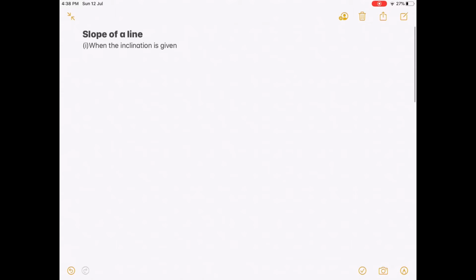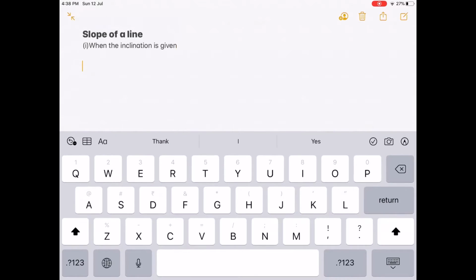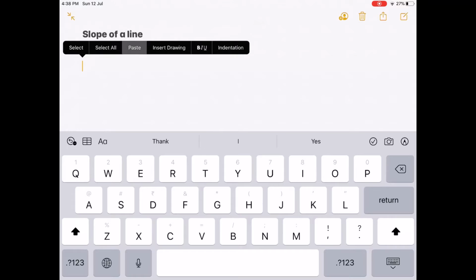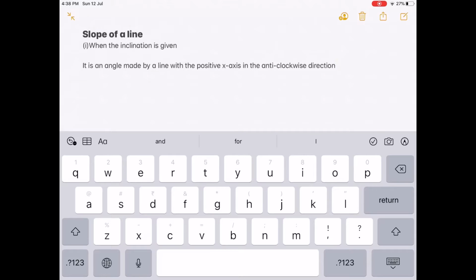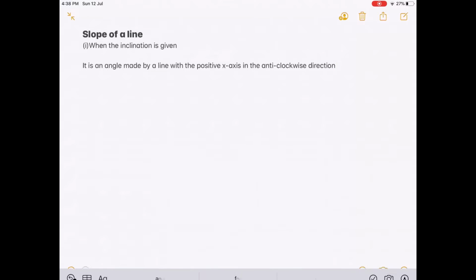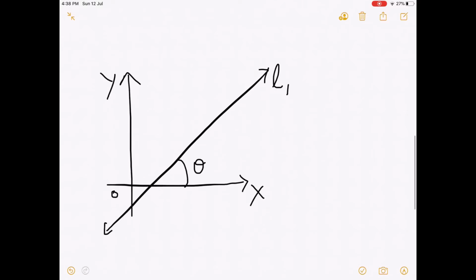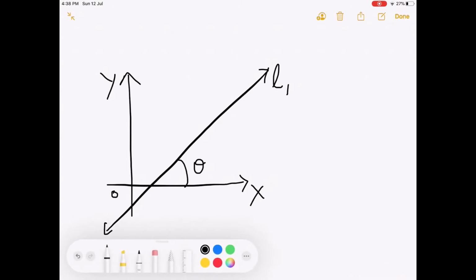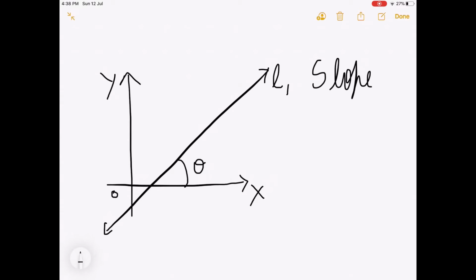One thing we need to remember about theta is that it is an angle made by a line with the positive x-axis in the anti-clockwise direction. The slope of a line is defined as the tangent of the inclination. So slope is equal to tan theta.